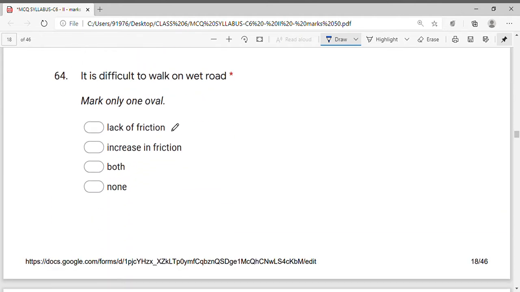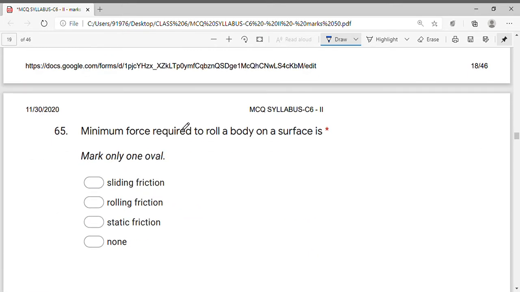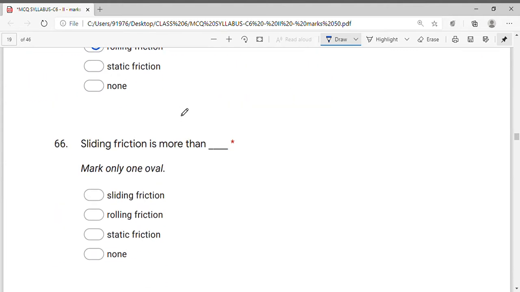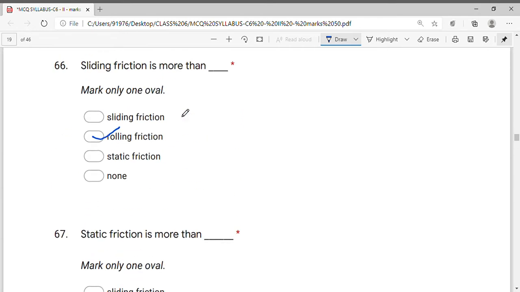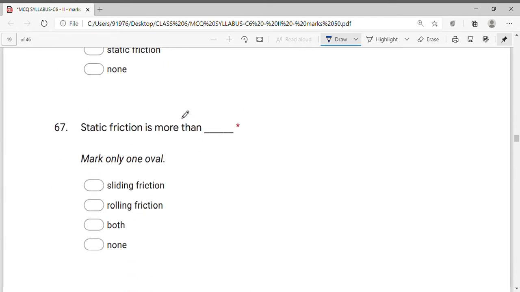It is difficult to walk on a wet road because there is no friction. Minimum force required to roll a body on a surface is called rolling friction. Sliding friction is more than rolling friction.